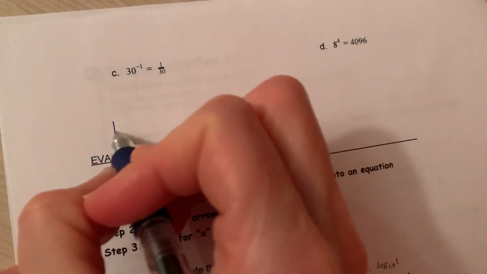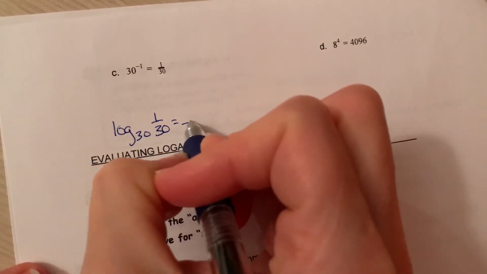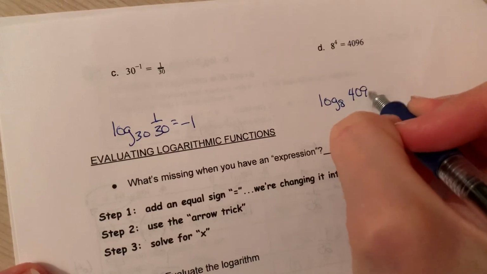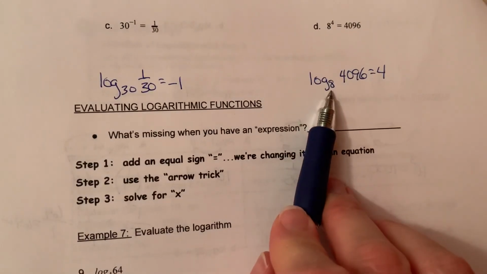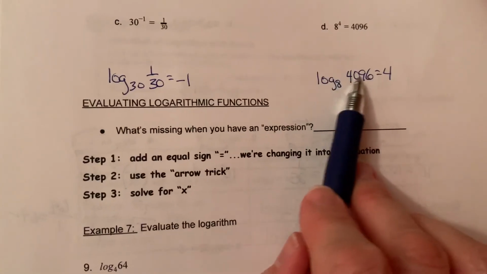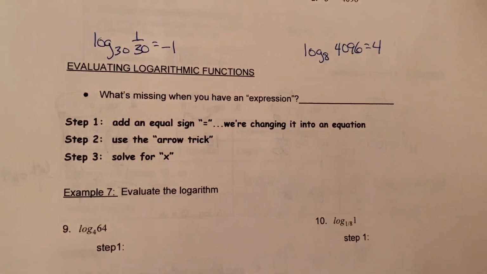And for these, so again, when you're writing these, make sure this looks like a base of the log, a small number. Don't write it up here big next to these. I think we'll save this for the next video.